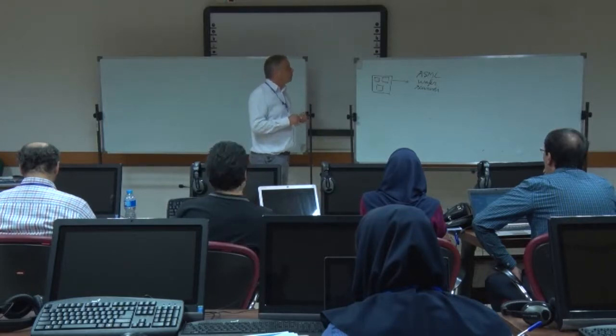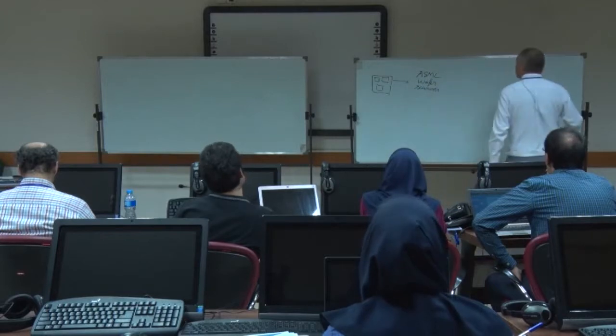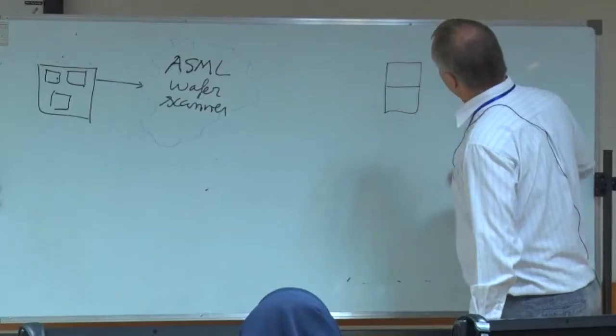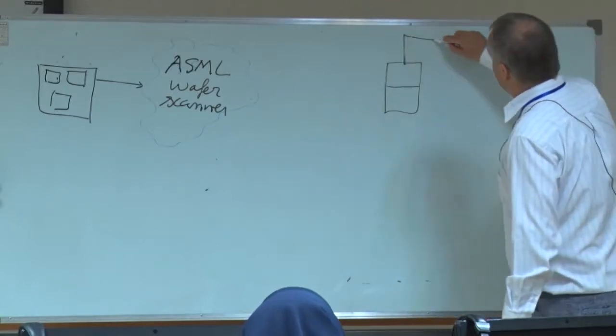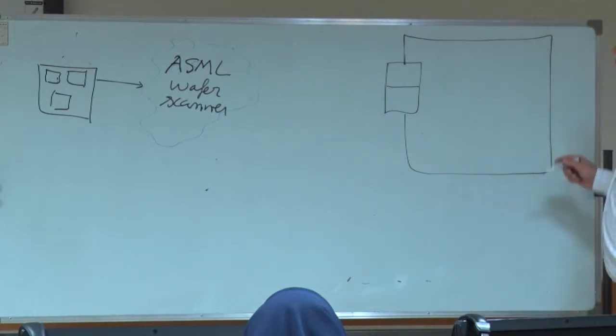if we have the wafer stepper, what is the wafer stepper? I already had this picture. This is a device. Let's make it simple with 2 locks here. This is a chamber that works in vacuum. And we already saw this.